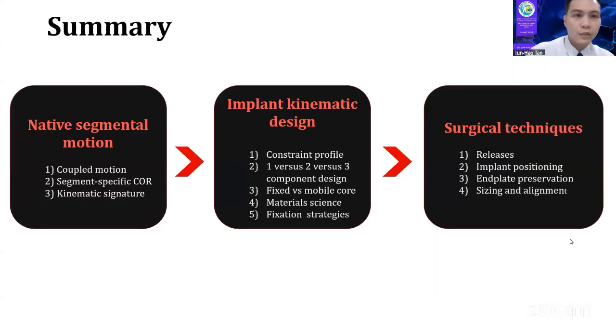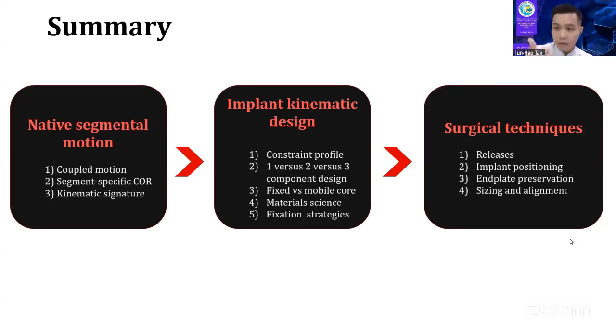So in summary, I just want to talk about the several concepts we've spoken about. The native segmental motion, biomechanical principles. We talk about coupled motion, segment-specific center of rotation, and the kinematic signature. And what is the ideal implant kinematic design is to respect these native biomechanical principles.